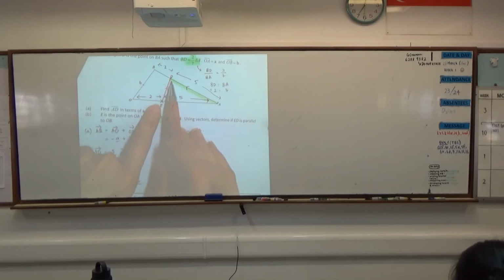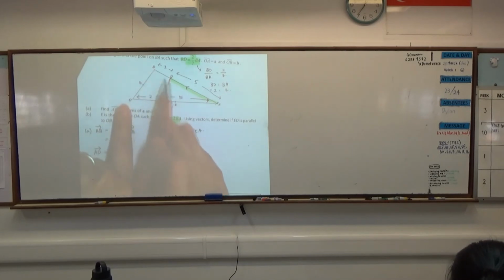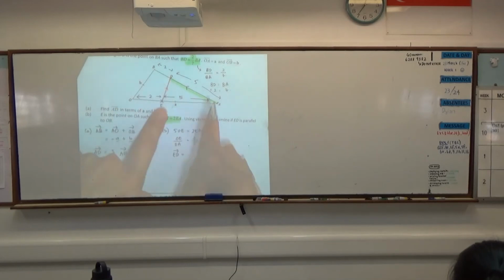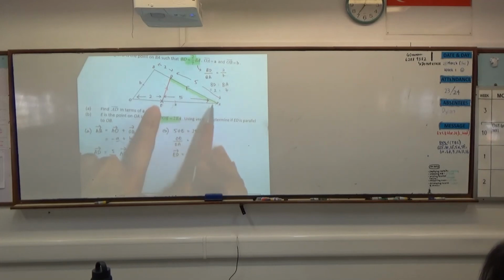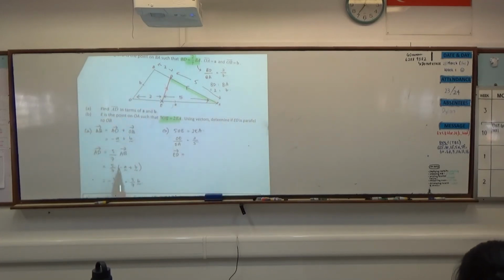There are a few paths that you could take to look for the vector ED. ED can be found by either traveling from E to A to D, or you can do E to O to B to D. A longer path does not always mean that it's wrong, but a shorter path does help a bit, since finding EA could be done, and also AD has already been found in part A. So ED is EA plus AD.